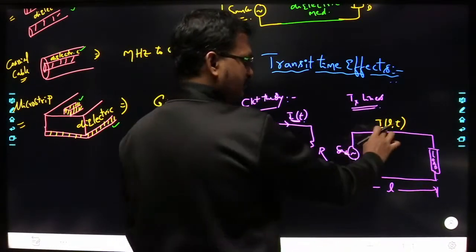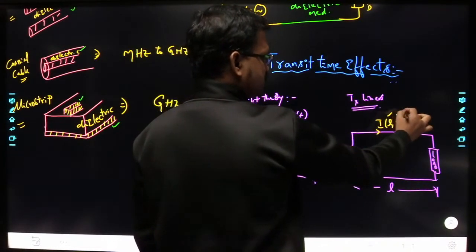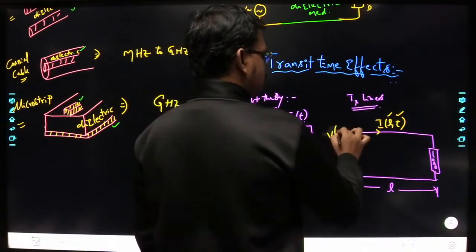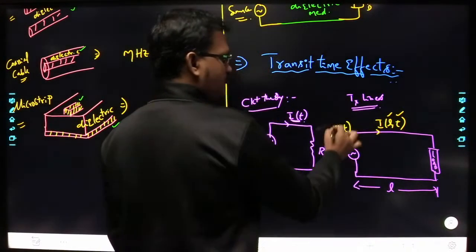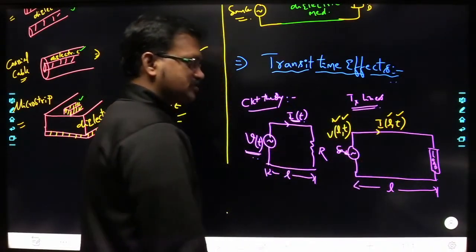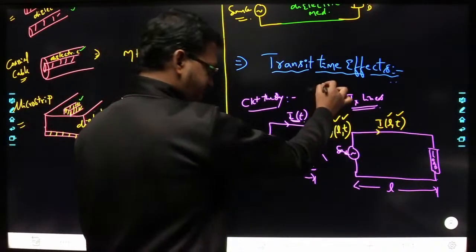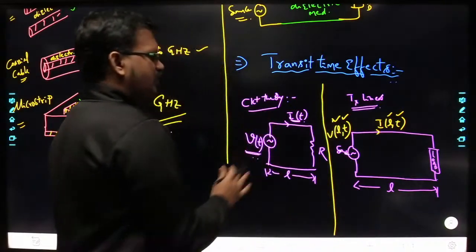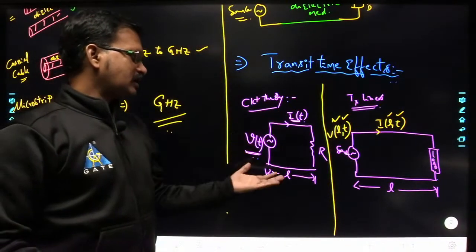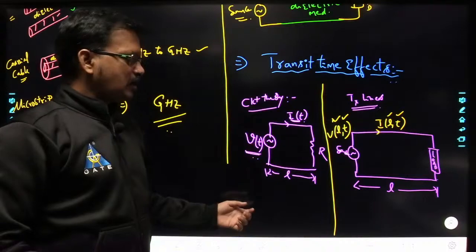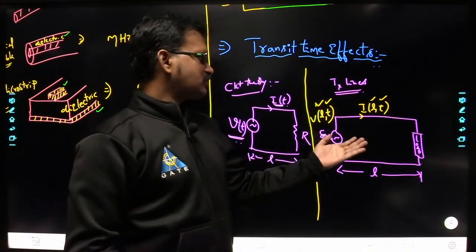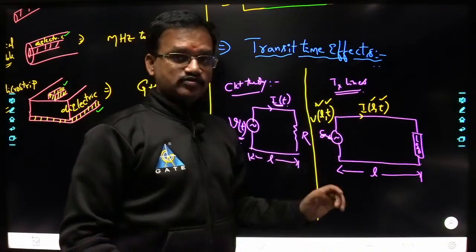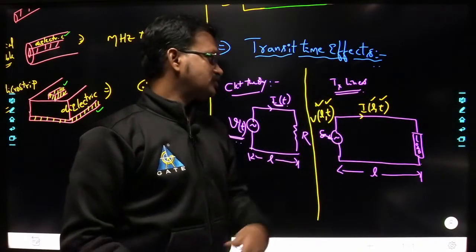That means current is a function of both space as well as time. And the voltage is also a function of both space as well as time. So in circuit theory, you consider voltages and currents as a function of only time, whereas in transmission lines, we consider them as a function of both time as well as space. Why? Okay, this is the first question.